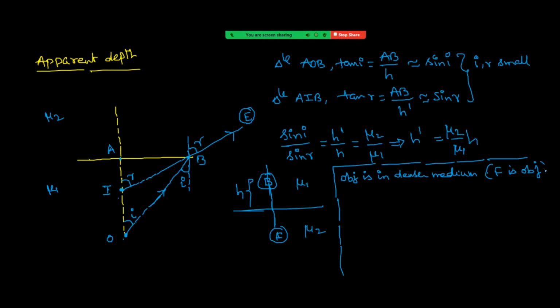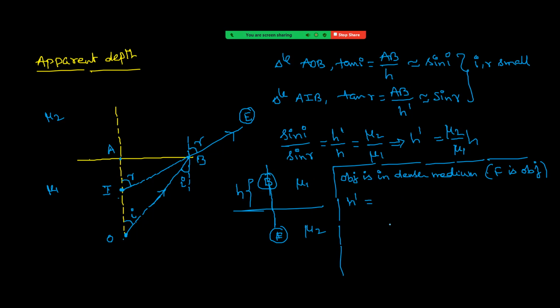Bird is looking at the fish, so for the bird, the fish appears to be closer to the surface. Therefore, apparent depth is equal to, if I'm generalizing, this is air and this is water.